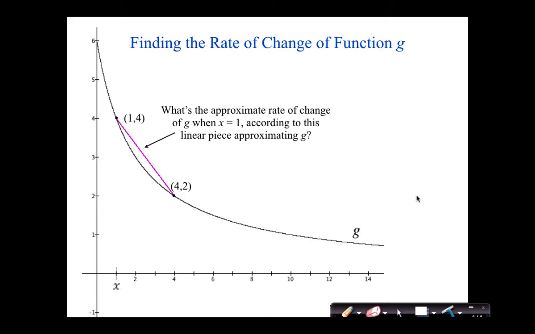All right, so let's go back to calculating rate of change functions. And let's say that I'm looking at this function g. I just gave you a couple of points on it, not the whole function rule. But if I wanted to approximate the rate of change for g in this area of the graph, this is a pretty big section.